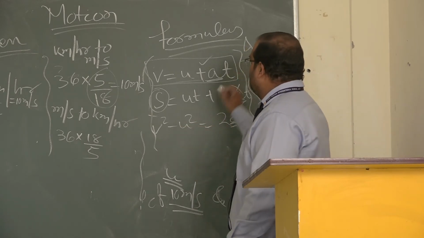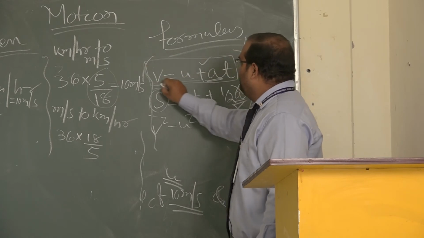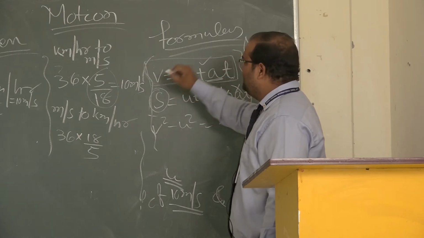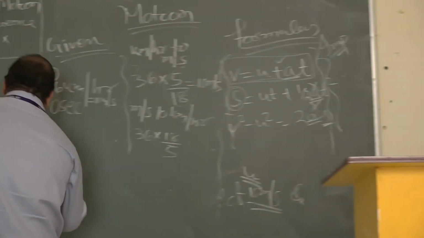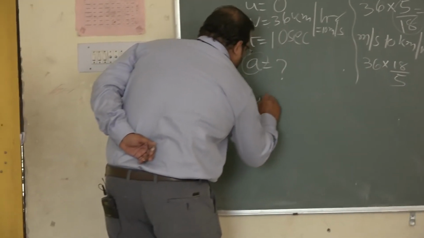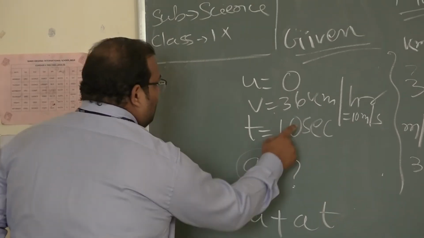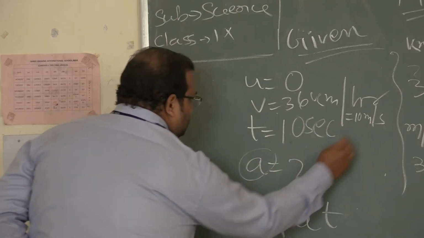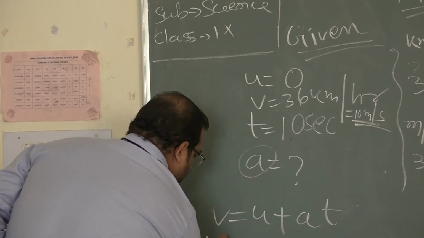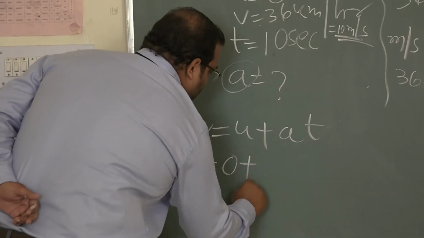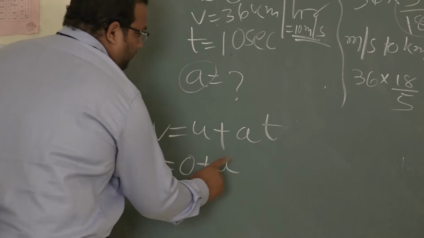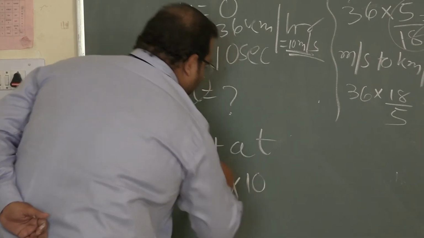Are you getting me? So the only formula that will be applied for this problem is v is equal to u plus at, where v is 10 meter per second, u is 0, a we have to find out, and t is 10 seconds.